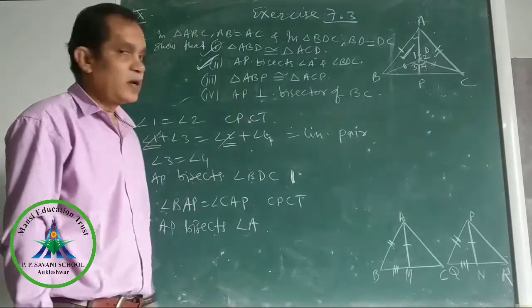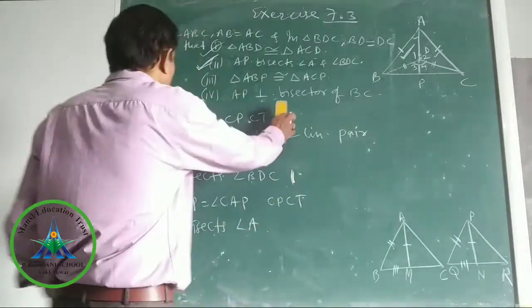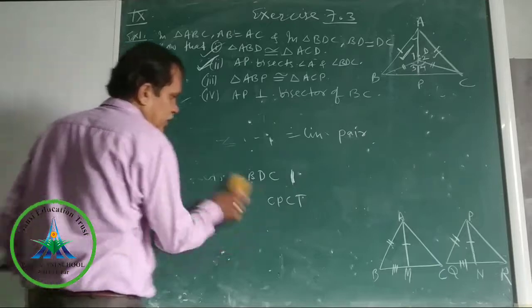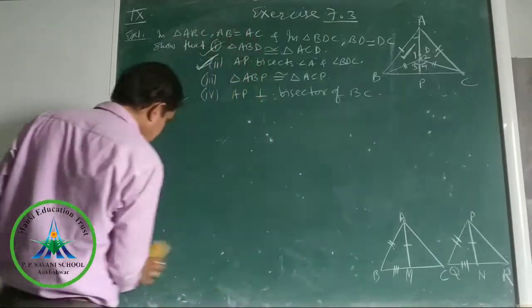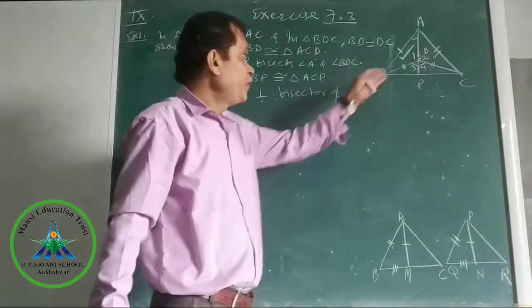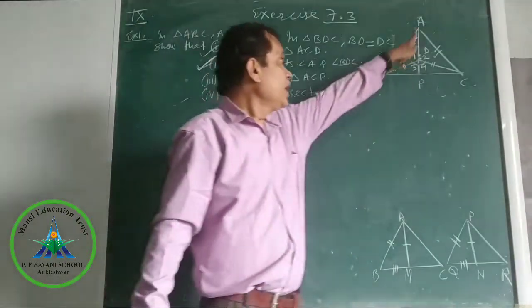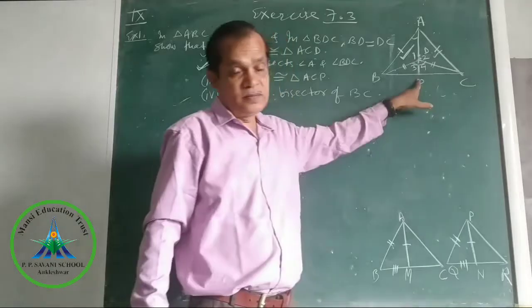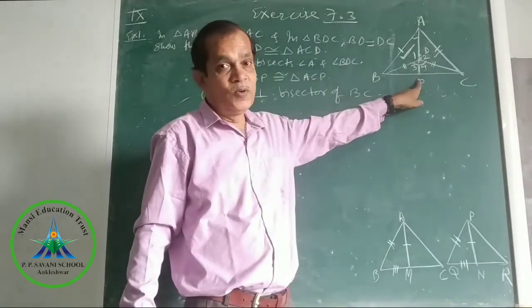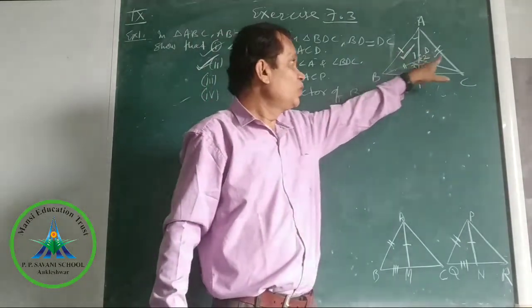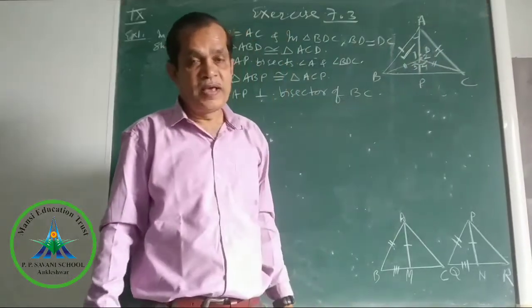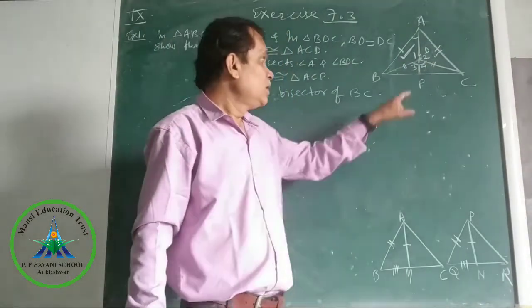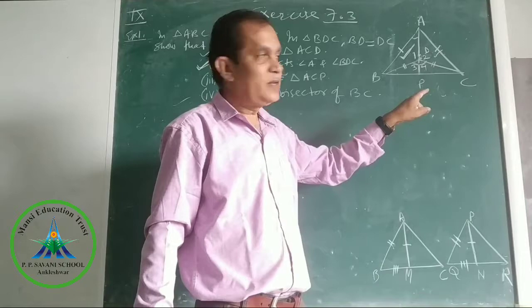Now see the third part, triangle ABP and triangle ACP congruent, clearly visible. ABP, ACP. See, AB equal to AC, right?